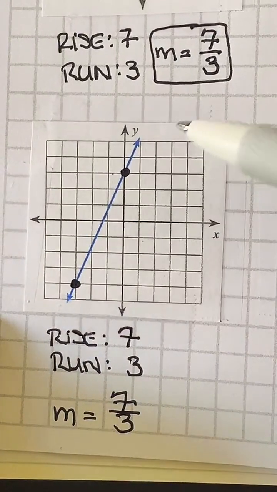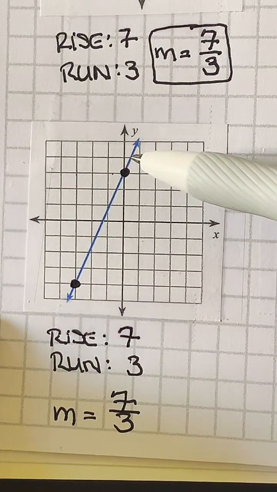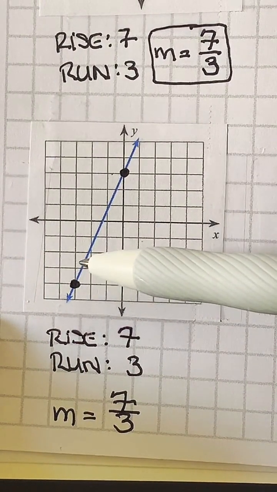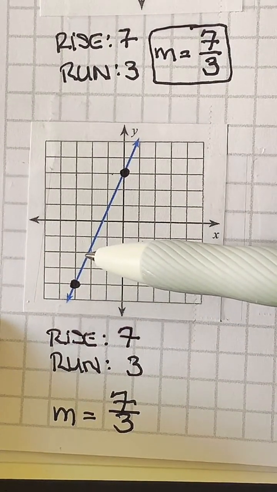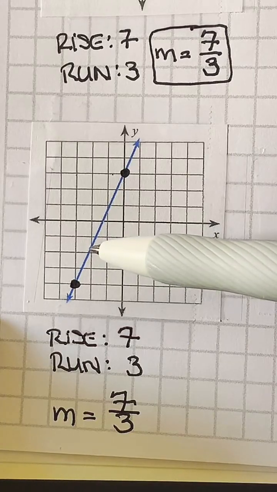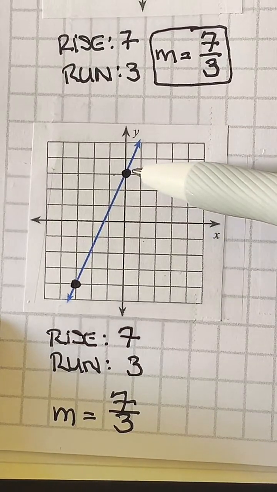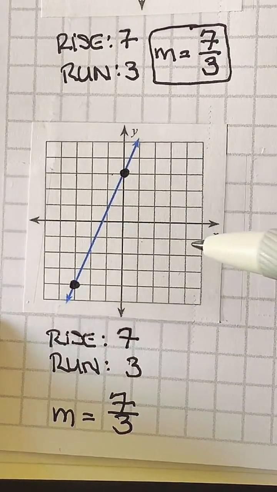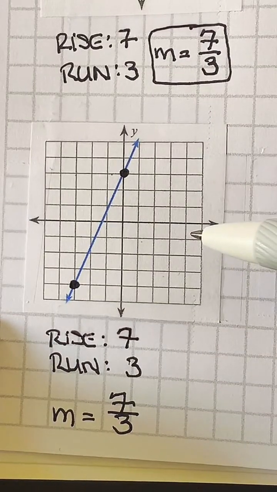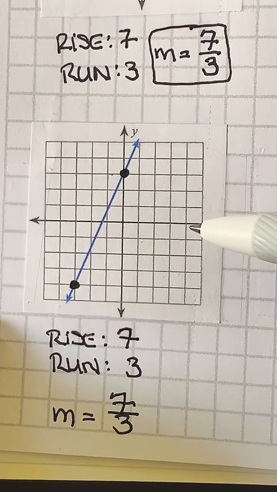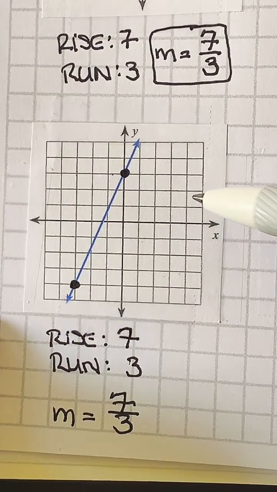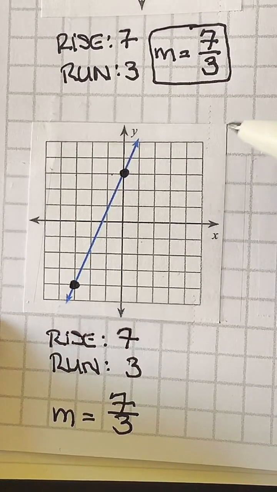Now, what happens if I start with the top point as opposed to starting with the bottom point? Will I get the same results? Okay, would I get the same results if I started with this top point to go to this bottom point? Yes or no? Y or N? Okay, Janice is not sure. Okay, thank you for your honesty. Okay, so we got yes, we got Zeb, yes.